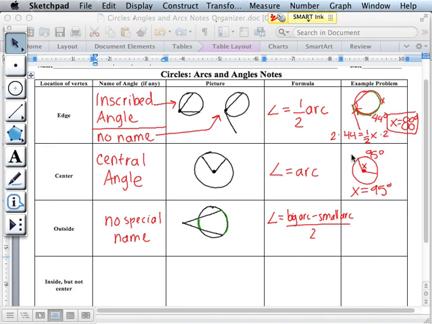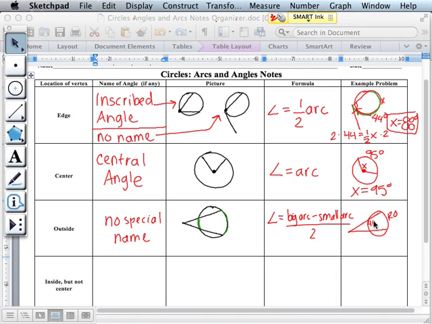So that's that. So here's our example. Let's say I have a circle, and here's my angle outside, and let's say this is 120, let's say this is 40.